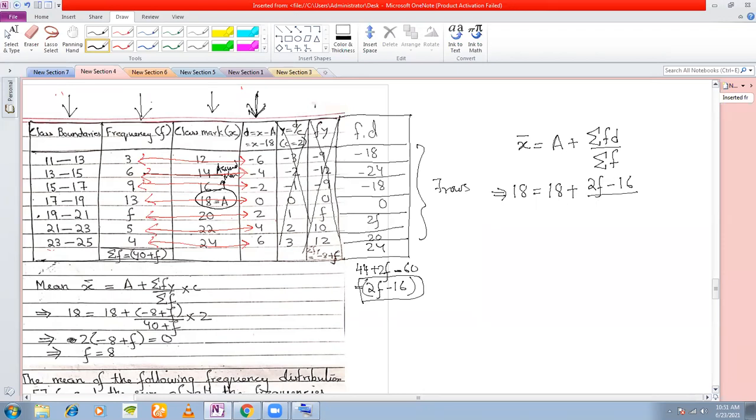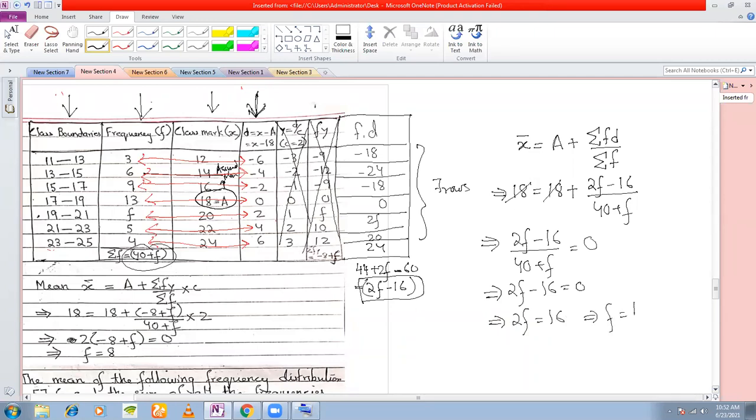And summation F here we have got as 40 plus F. Let's solve this. These two will obviously cancel. You get 2F minus 16 divided by 40 plus F is equal to 0. That means 2F minus 16 is equal to 0. That means 2F is equal to 16. That means F is equal to 16 by 2, which is equal to 8.